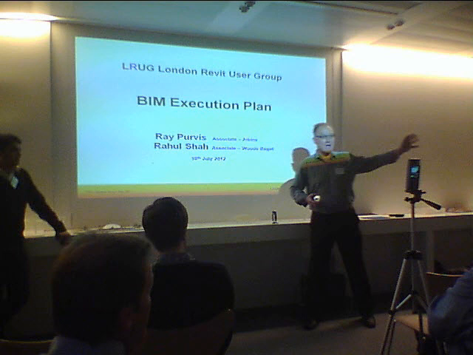One is the project execution plan and the BIM execution plan must be one document because they don't want it drifting off into some sort of technical battle. And the second thing, we have to have clear deliverables out of that that are not technology related. The BIM standard is the technology relation.